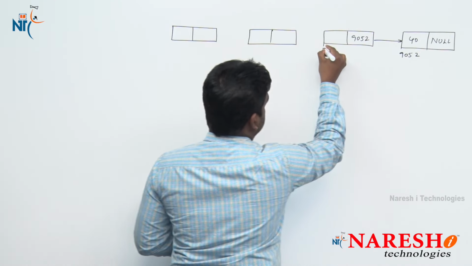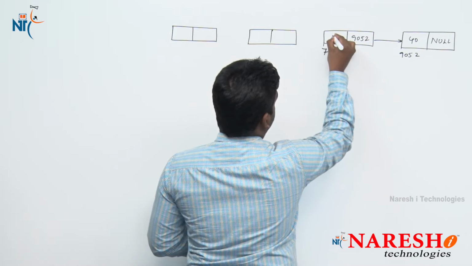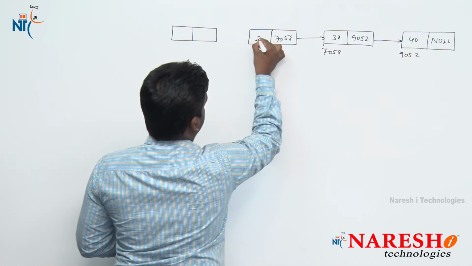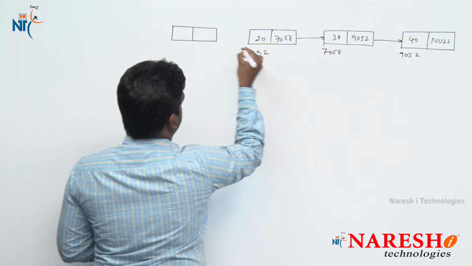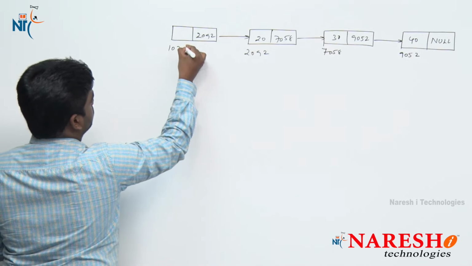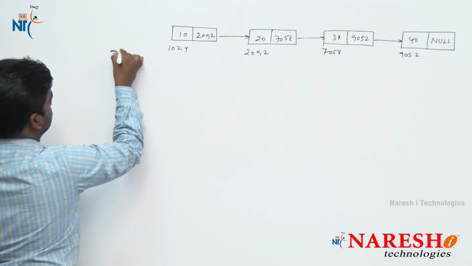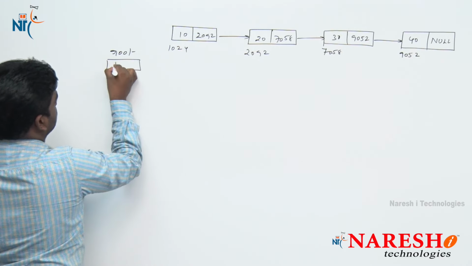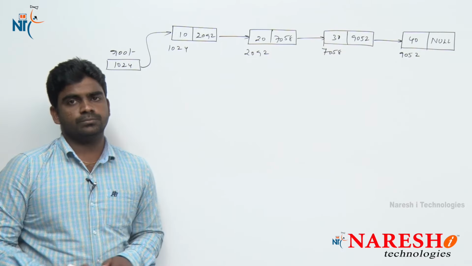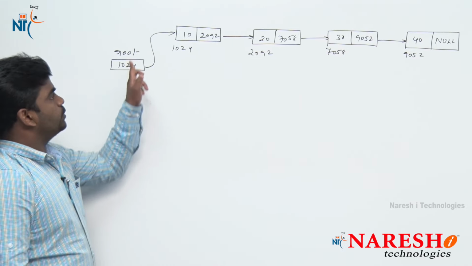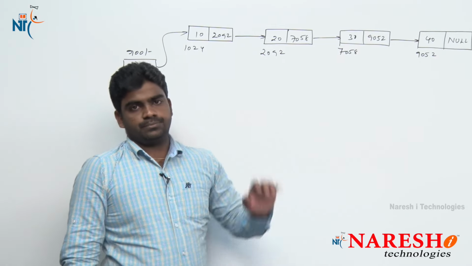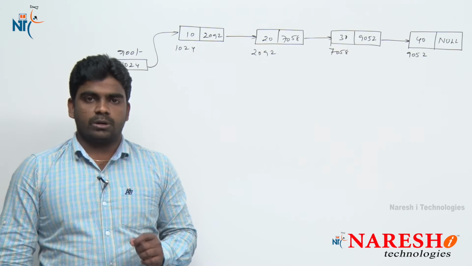How to store all these things I will explain. Here the root element is pointing to the first node, and some nodes are already connected. Now we are inserting one more element.